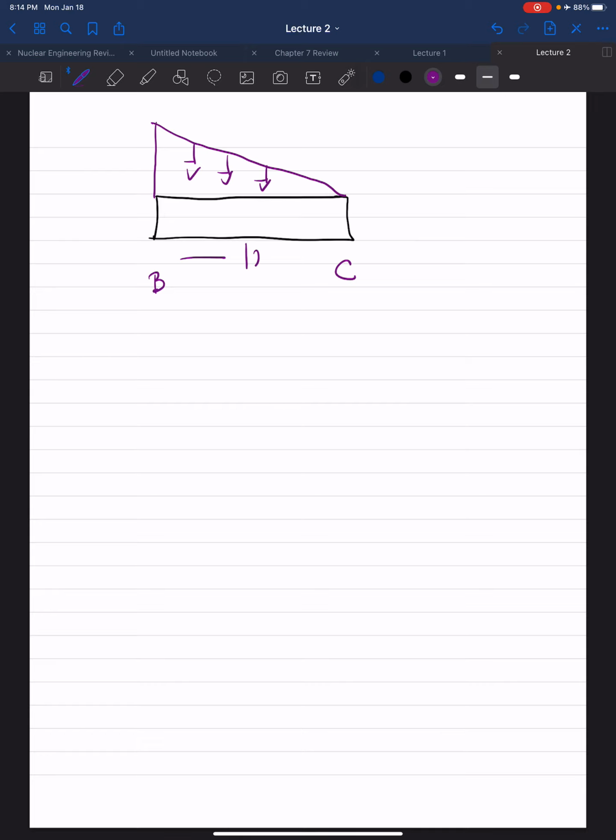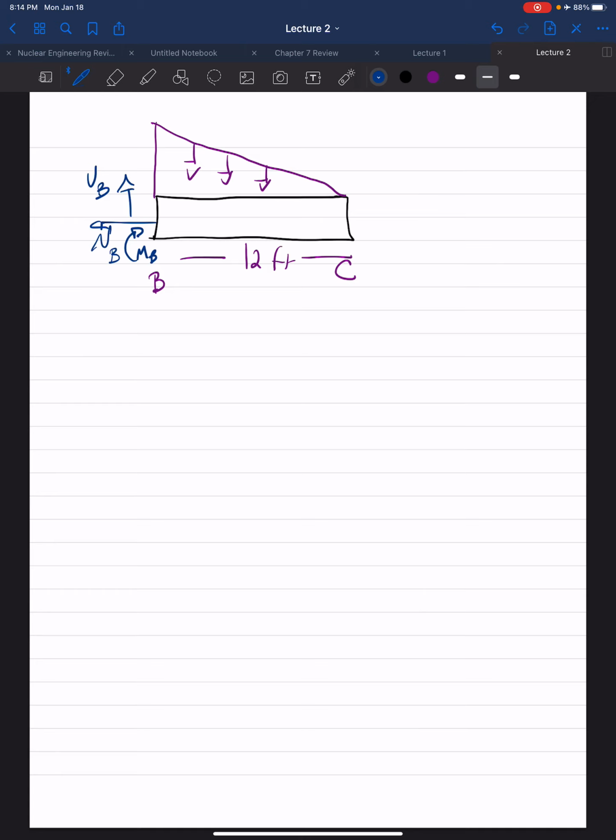This distance here is 12 feet. So since we made the cut, we have our normal force at B, our shear force, and our bending moment at point B. Those are internal resultant loadings that we have to solve for.